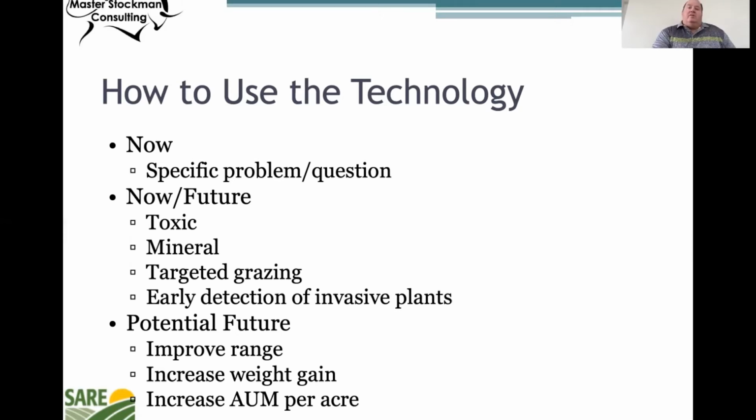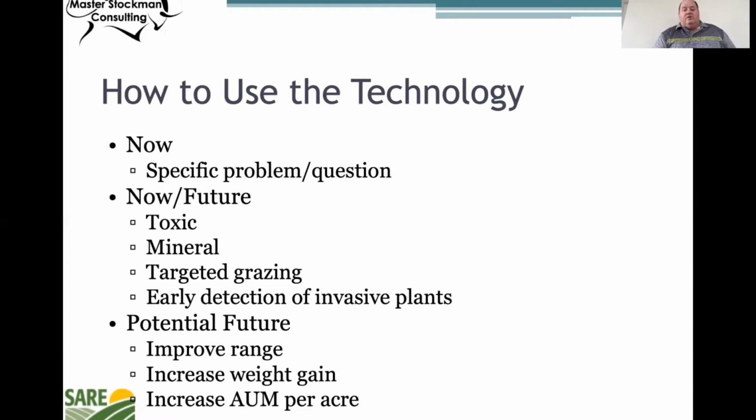Right now, the technology is to a point where it's affordable on a herd level. We can go out and test a whole herd, take fecal samples, and we could ask ourselves a question that's very specific for that herd at that time, and we could answer that question.